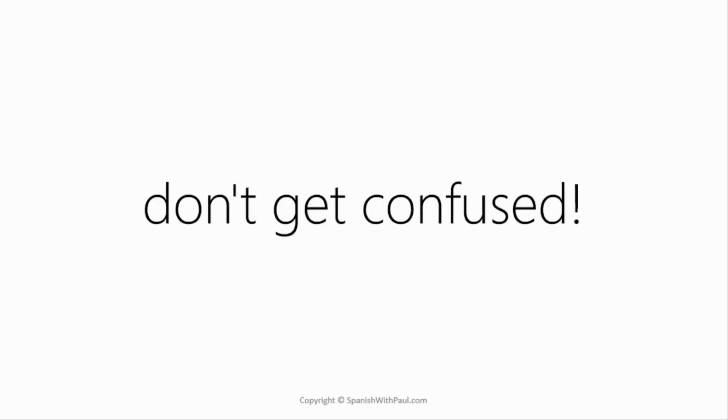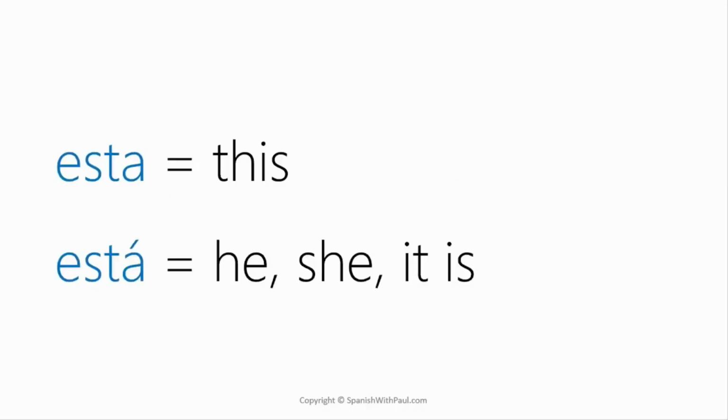So one other thing I'd like to also mention at this point is to not get confused, because we have esta meaning this with feminine words, but we also have está, the verb for he is, she is, or it is. And the only difference between them is that one has an accent over the A and the other doesn't. So they're pronounced differently.